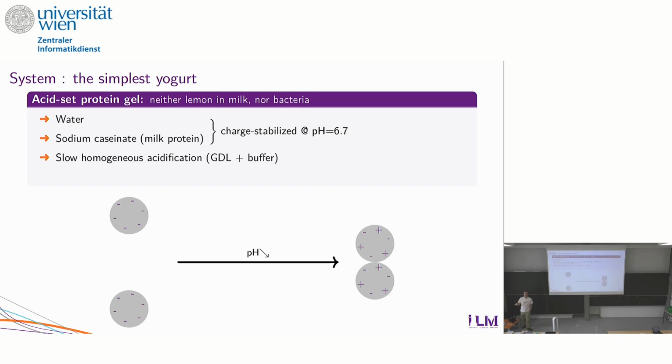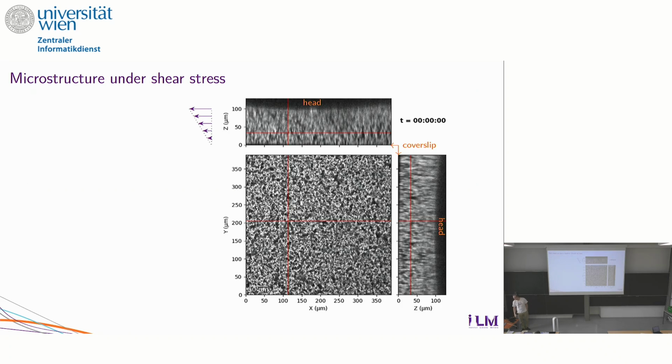That's exactly what happens in the yogurt you're eating every day. Not with this molecule, but that's all right. We also put a little bit of fluorescent dye to be able to see things with the confocal microscope. And here are the images you can get.